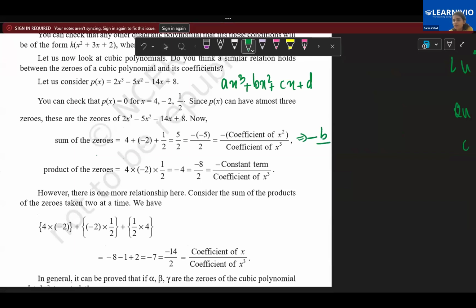Minus b by the coefficient of x cube, which is a. Now, children, actually the formula is the same thing. Try to understand what b is over here. The b value is not the same. B was the coefficient of x in the quadratic polynomial, but here b is the coefficient of x square. Earlier, a was the coefficient of x square, but here a is the coefficient of x cube.